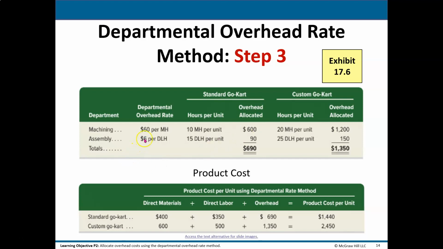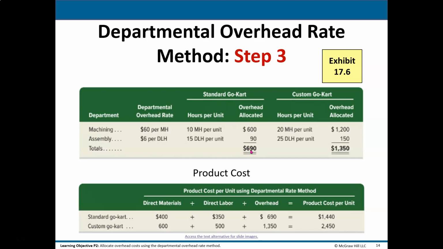And overhead is assigned at $6 per direct labor hour times 15 direct labor hours per unit. So in the assembly department, we're going to assign an additional $90, and this is going to be on a per unit basis. So the total overhead that I'm going to assign to the standard go-kart is $690.